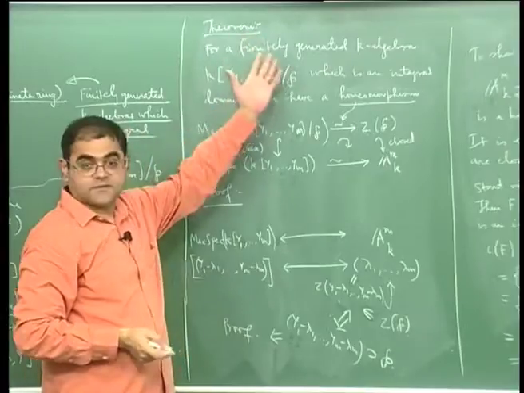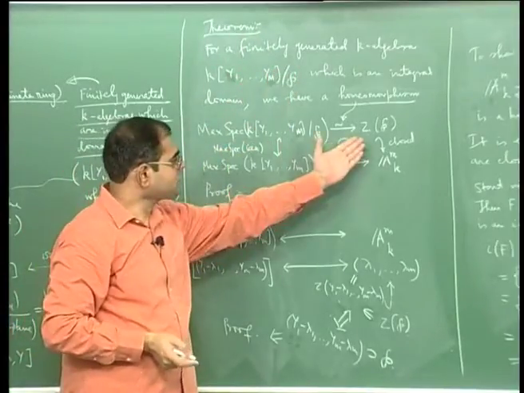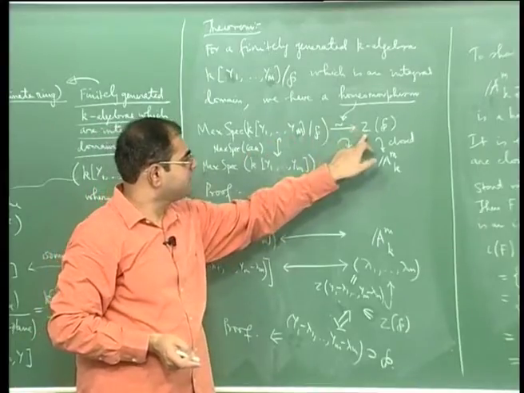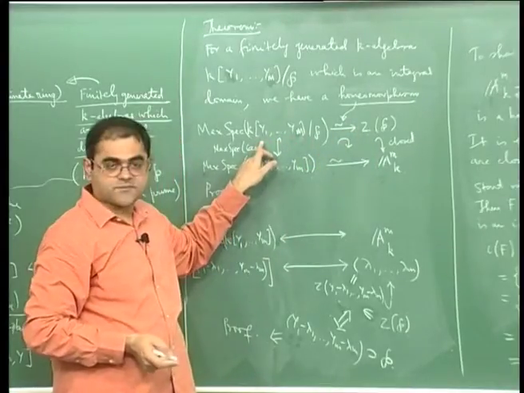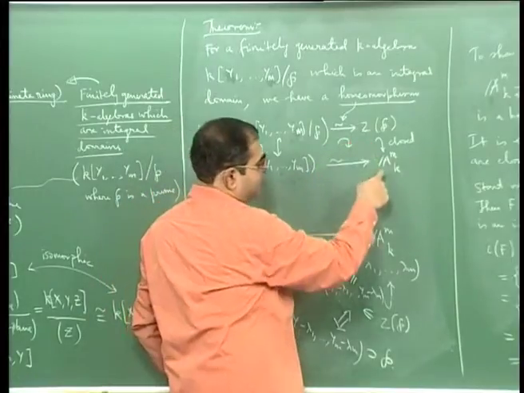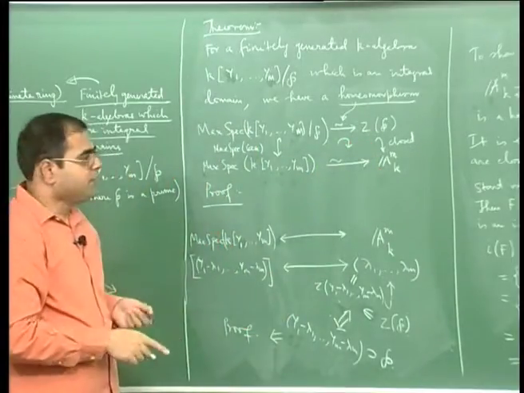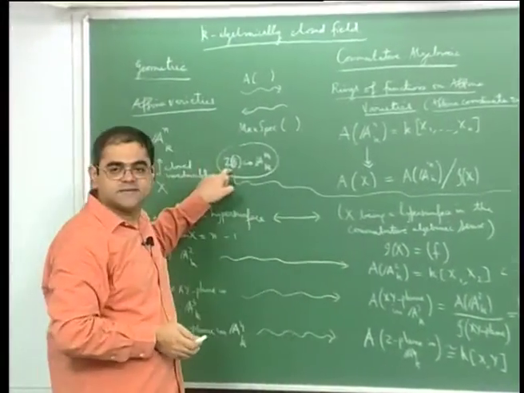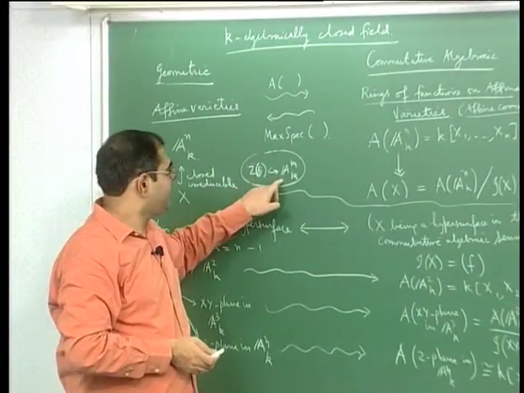So that will prove the theorem that you have a homeomorphism between Z of P and max spec of this, and of course this Z of P is Z in A^m.